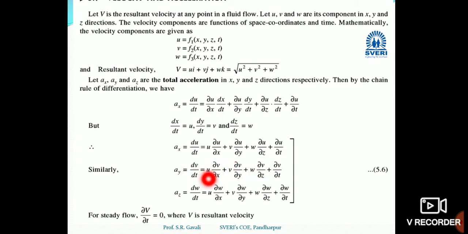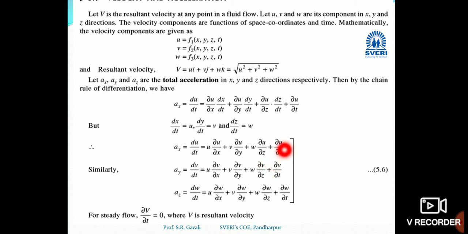Similarly, ay = dv/dt = u ∂v/∂x + v ∂v/∂y + w ∂v/∂z + ∂v/∂t. Similarly, az = dw/dt = u ∂w/∂x + v ∂w/∂y + w ∂w/∂z + ∂w/∂t.